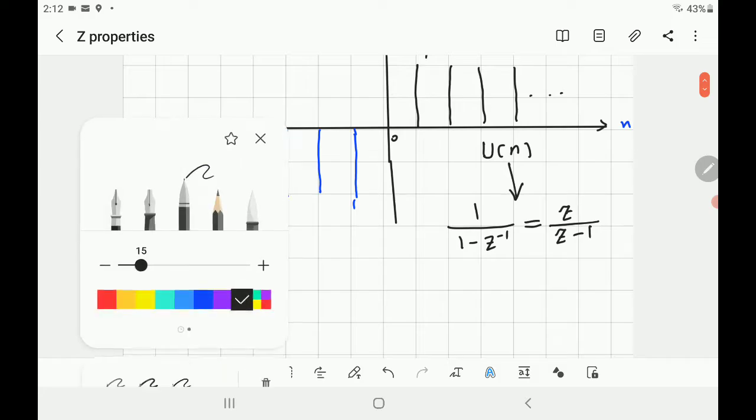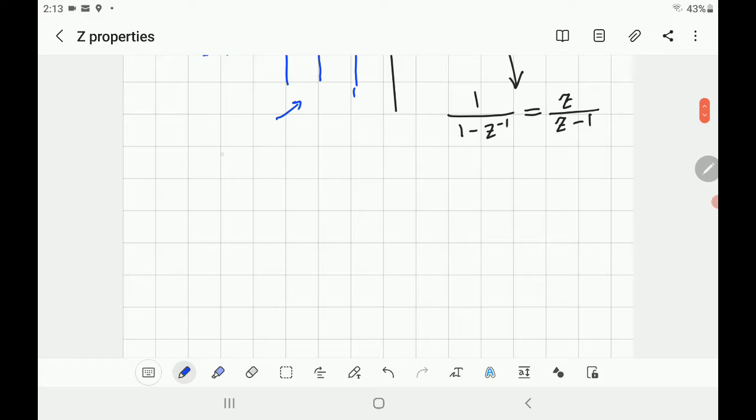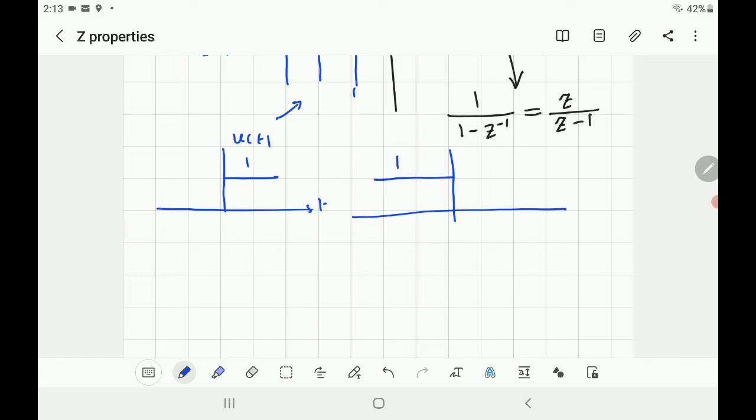But what about the one to the left, this part? First, you have to find the expression for this one. To make it easy, I will just use a continuous signal to show you what is different. That's a unit step, which we'll call u of t if we have the continuous one. And if you have reflection on the vertical axis of the unit step, you will have it like that.